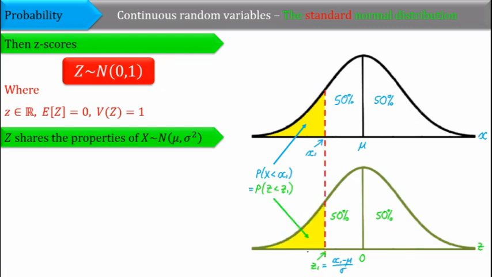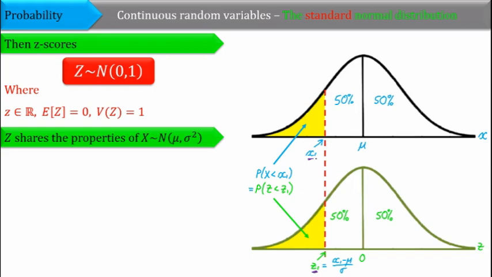Then the area to the left of the z-score will be the same as the area to the left of x. And this is actually a property that we've been using when we calculate probabilities for normal random variables. Right, but this is now a little bit more formal than what we had before. So the probability of being less than our x value is the same as being less than the z-score.